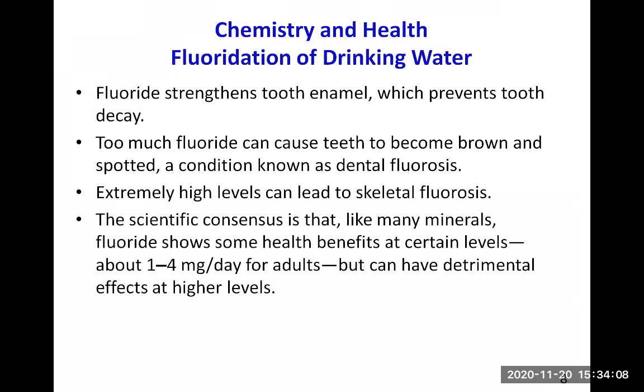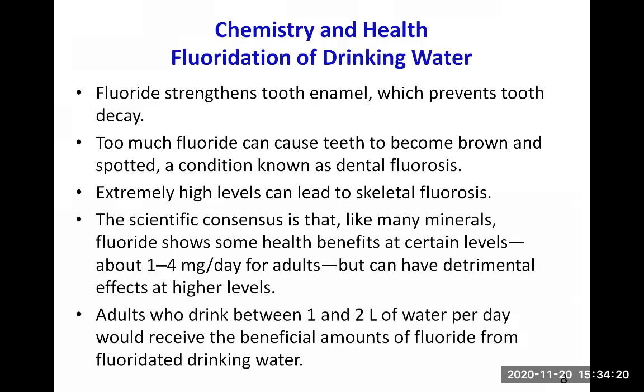And for fluorine, it's about 1 to 4 milligrams per day for adults. But it can have detrimental effects at higher levels. And so adults who drink between 1 to 2 liters of water per day would receive the beneficial amounts of fluoride from fluoridated drinking water.